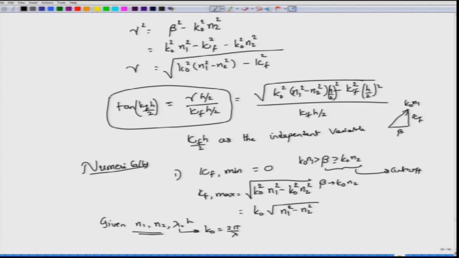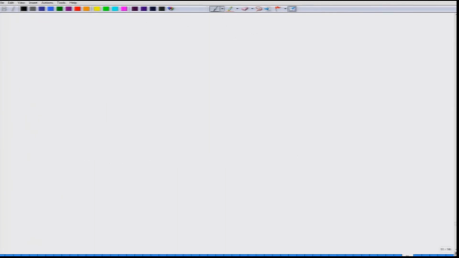Then what you have to do is to first determine the minimum and maximum values of kappa f. Once you have determined that, you write a code. Let us say you have kappa f being an array, a linearly spaced array from 0 to kappa f max. I am using 0 because that is the minimum value, and you create some 100 points or maybe 1000 points, depending on what you want.